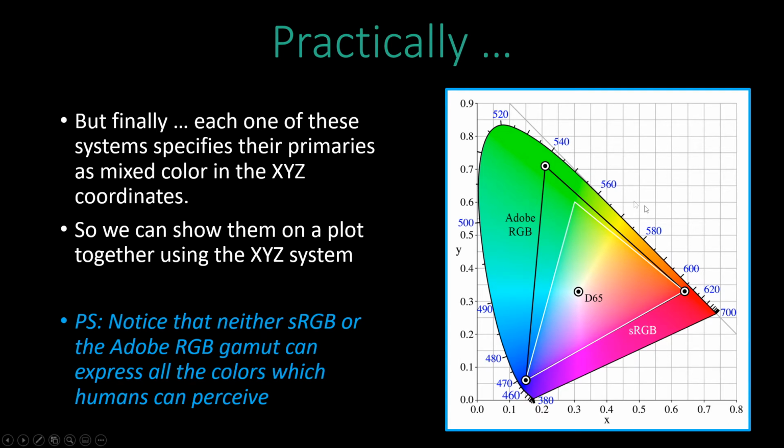Sometimes we want to convert from this system into another, or some completely different system, and then we would go from sRGB into XYZ, and then from XYZ into Adobe RGB. So there is a lot of pain that we don't want to care about.